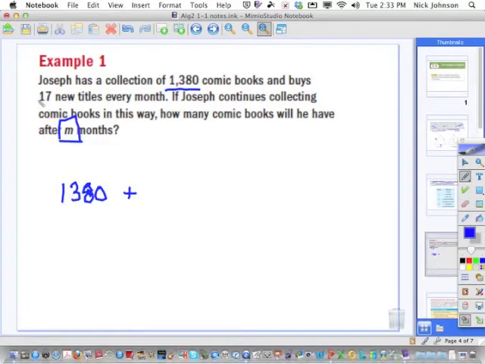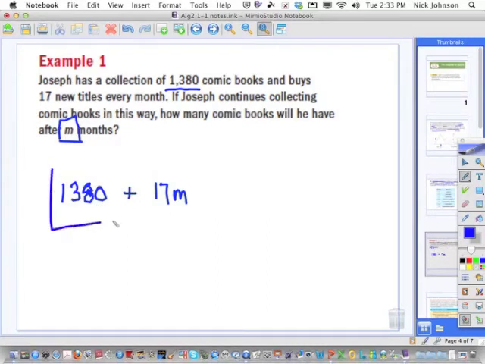How many books is he gaining? Well, he's gaining 17 per month. Well, what do we use to say per month? Well, that is our variable M. So it's 17 times M, because if it was 17 times the first month, that means you'd only add 17 books. If it was 2 months, 17 times 2 would be 34, so you'd have to add 34 to 1,380.